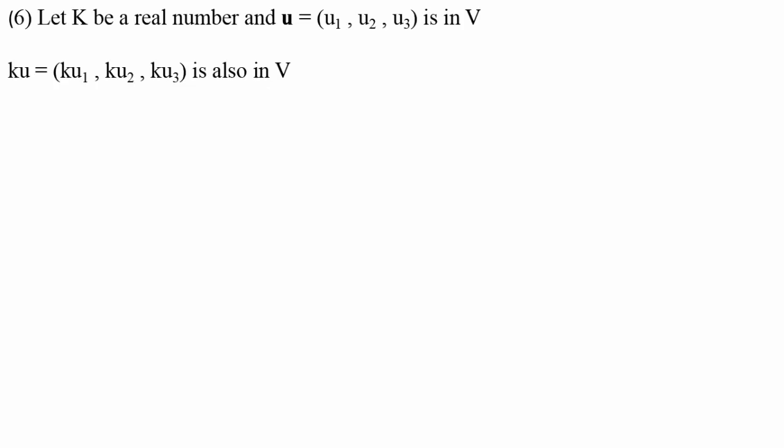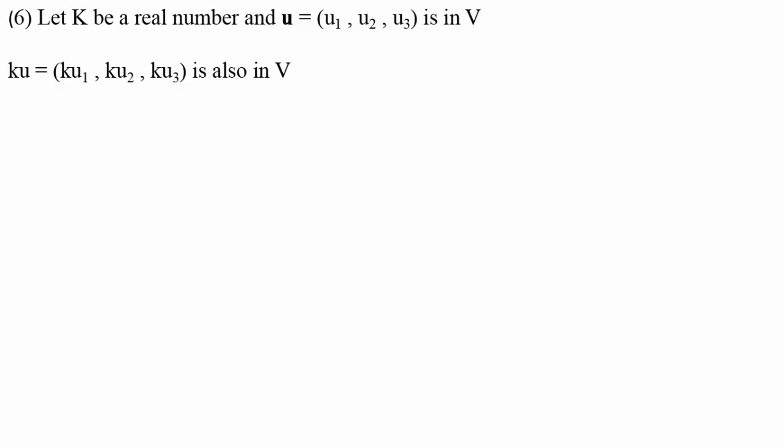Sixth axiom. Let k be a real number, and u equal to (u1, u2, u3) be a vector in V. Then ku, by the definition of scalar multiplication, is defined as (k into u1, k into u2, k into u3). This is also in V. Why?